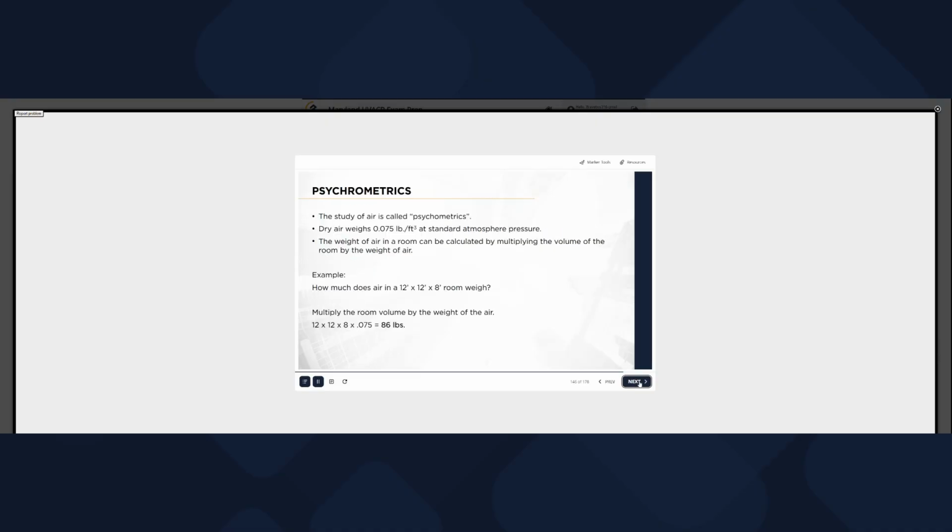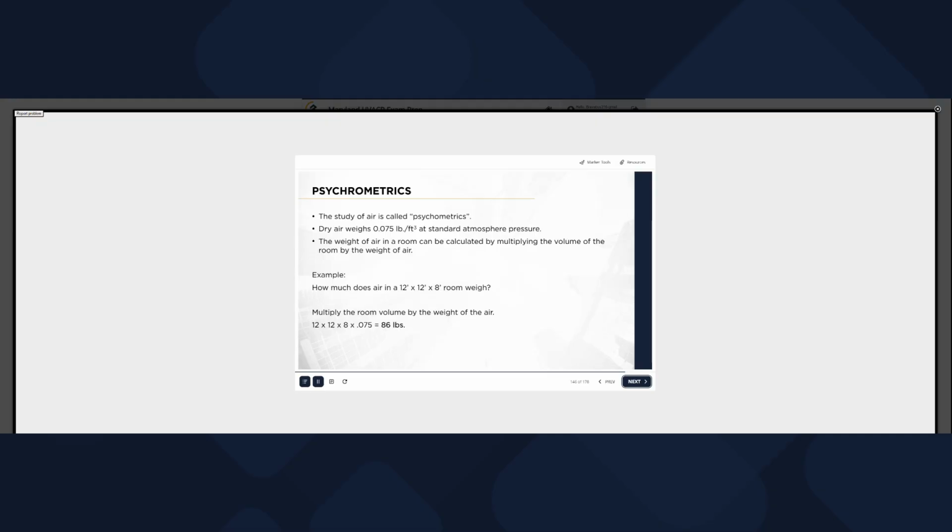The study of air, specifically its properties and behavior, is known as psychrometrics. Dry air weighs approximately 0.075 pounds per cubic foot at standard atmospheric pressure. The weight of air in a room can be calculated by multiplying the room's volume by the weight of the air. Example: how much does air in a 12-foot by 12-foot by 8-foot room weigh?